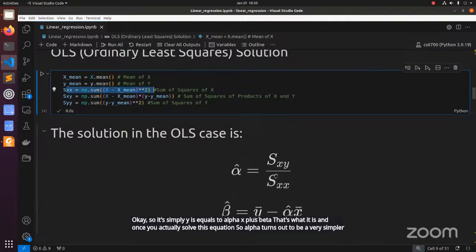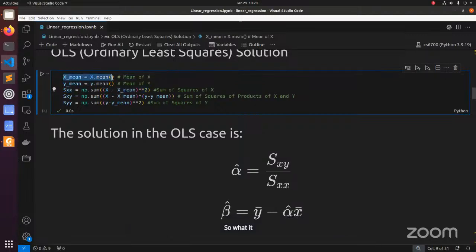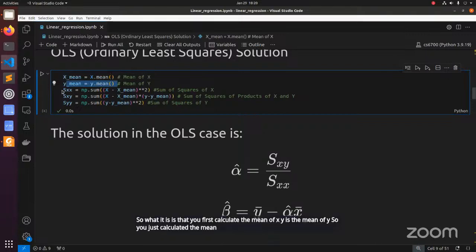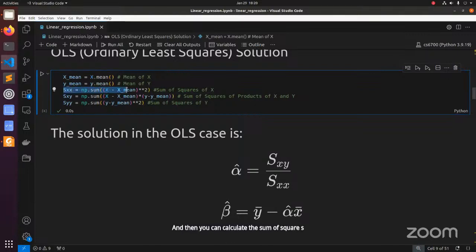Once you solve this equation, alpha turns out to be a very simple expression, Sxy divided by Sxx. You first calculate the mean of x and the mean of y. Then you calculate the sum of squares Sxx, which is the variance in x.